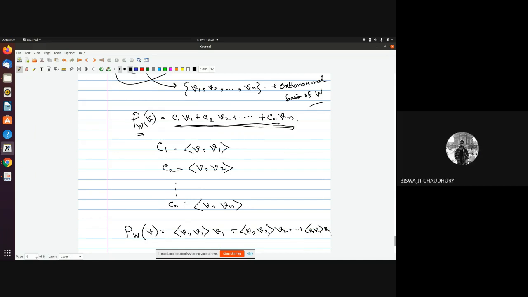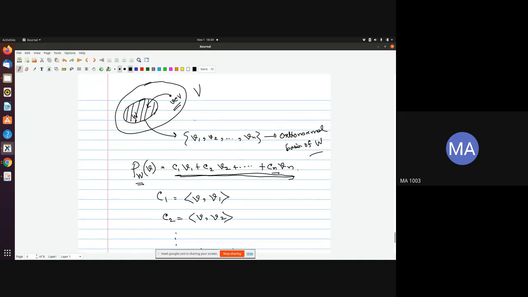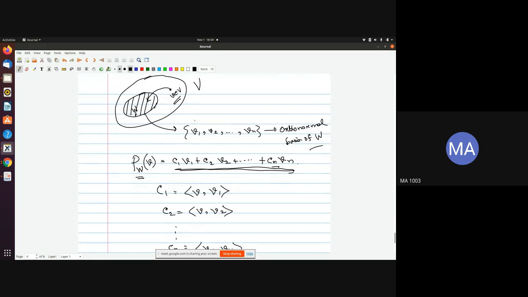So, sir, what is V? V is the vector I have started with. V is the vector of which I am taking the projection inside W. So I can write that new vector as a linear combination of C1 V1 and C2 V2, because V1 to Vn is a basis.